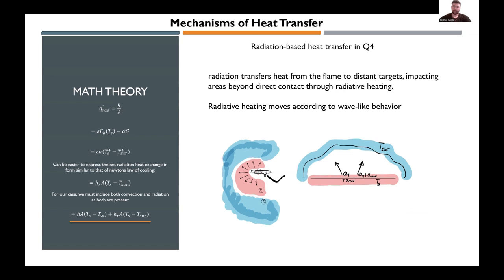This might be easier to express in terms similar to that of convection, where we can combine the two terms, because as I mentioned earlier, in this case we have both a component of convection and a component of radiation together, so it's easier to express them both in similar fashion.